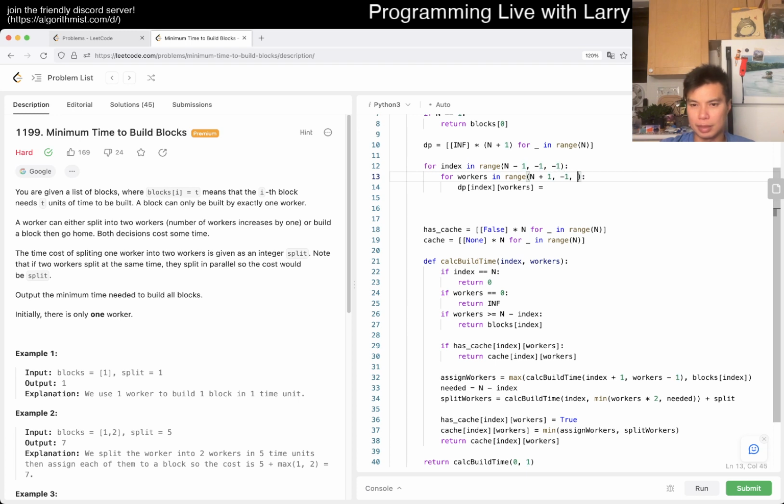Is this backwards? Yeah, okay. I think that's right. Is that true? Yeah, I think that's fine. And the thing with bottoms up is that some of these states are not possible, but for the purpose of this, I guess we'll just keep at it.